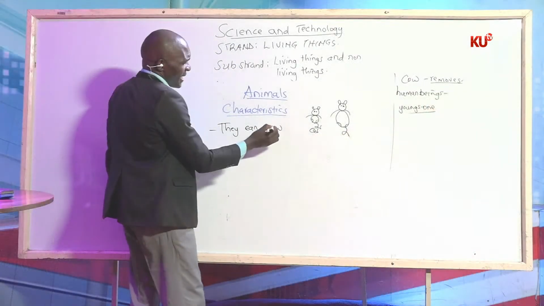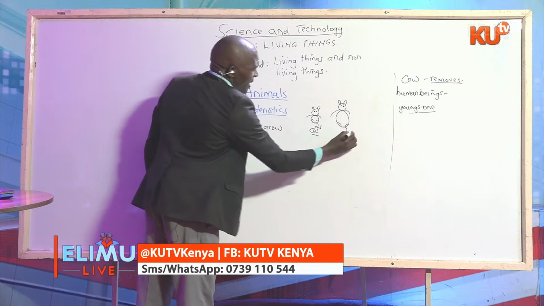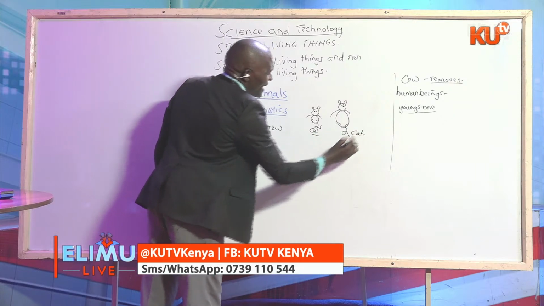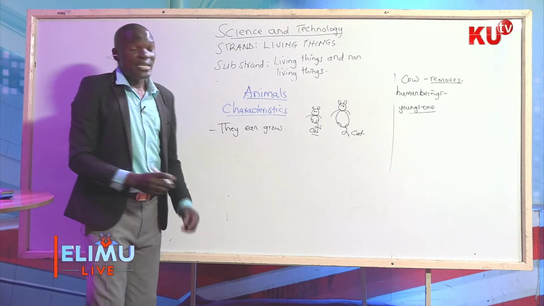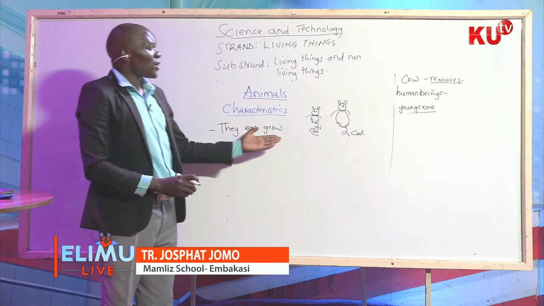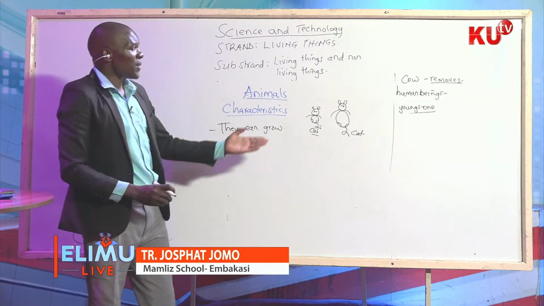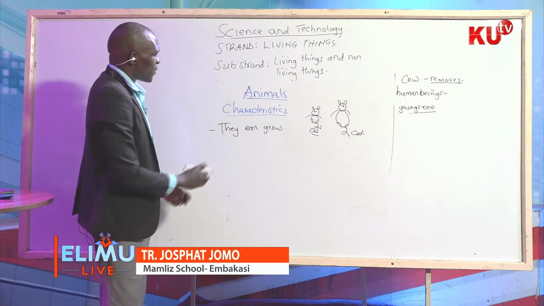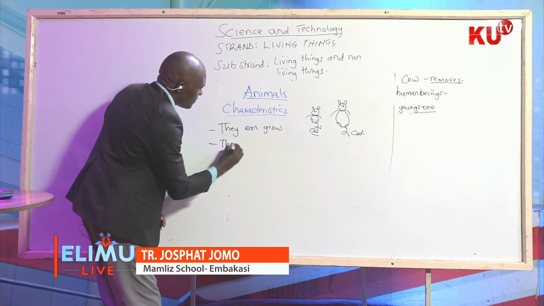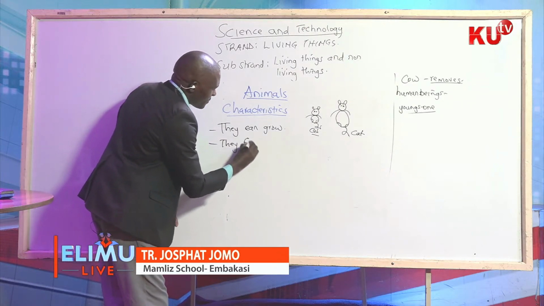And that is why we say that as you are a child right now, in the future you will realize that you are growing, you are no longer a child. And that is what happens to animals. They always grow. Number two, they feed.